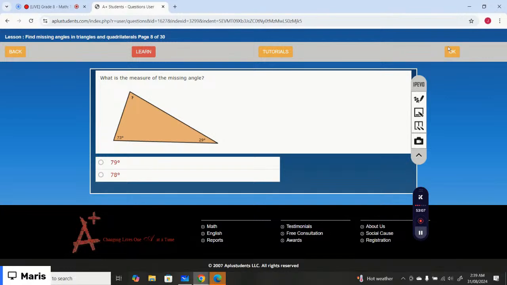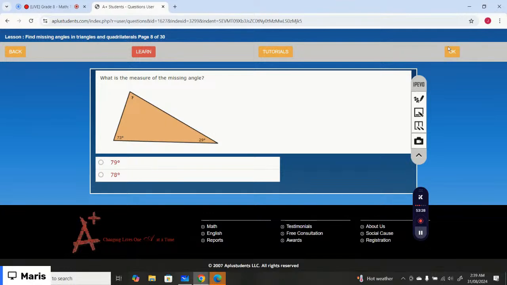What is the measure of the missing angle? That is 79 degrees.